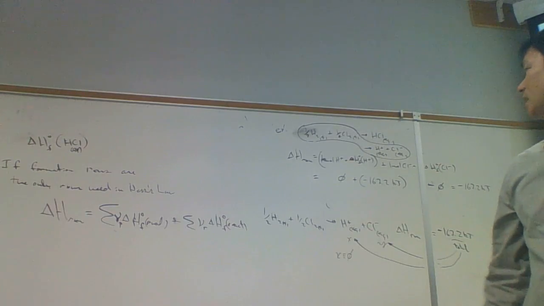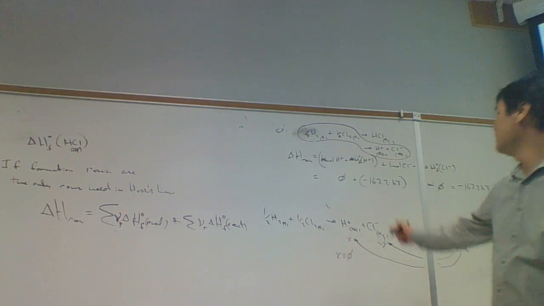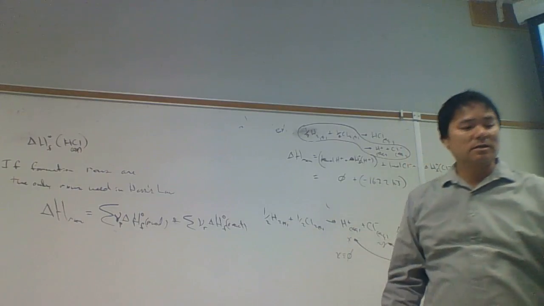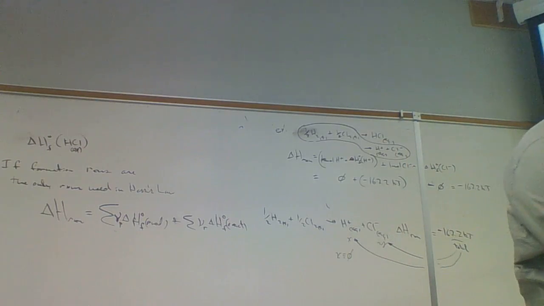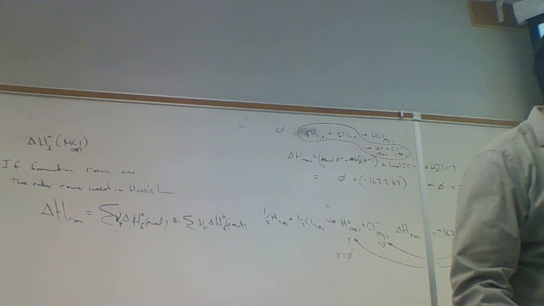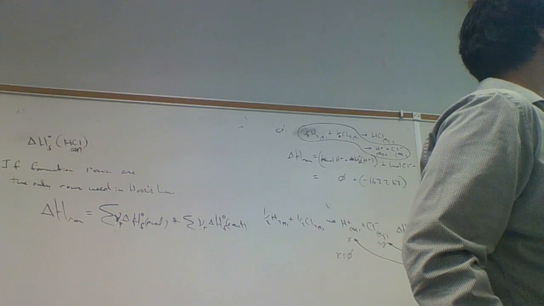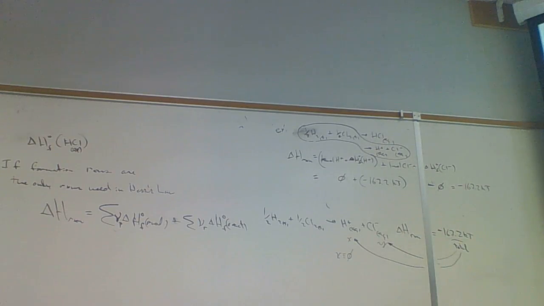We could have just gone straight to HCl AQ. If I went straight to HCl AQ, what is the delta H of formation of HCl AQ? The same thing. It's minus 167.2. And so that's just it.